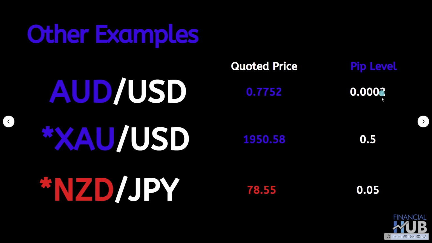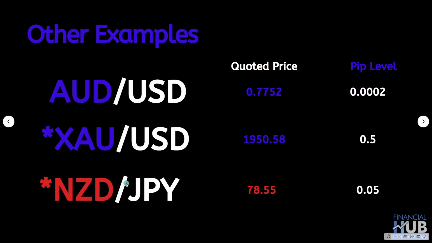So if you're counting pips, you're counting from this level. But when it comes to gold, this one is quite different. Yours starts at 0.5, but it's almost the same thing if you count 4 numbers to the right. So taking this as your whole and you count 1, 2, 3, 4, you get your decimal point, and this is where we start counting the pip number. So at the 0.5 is where we start.